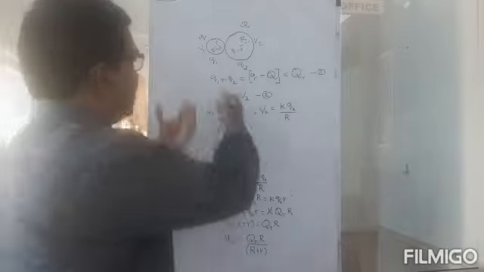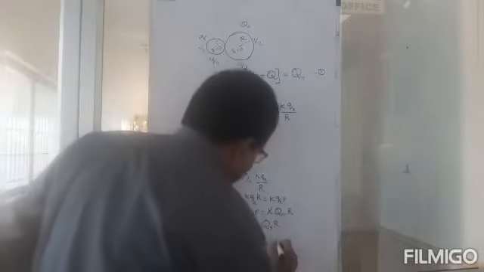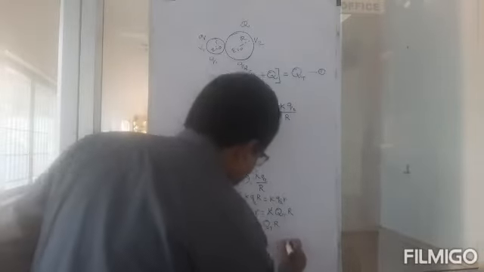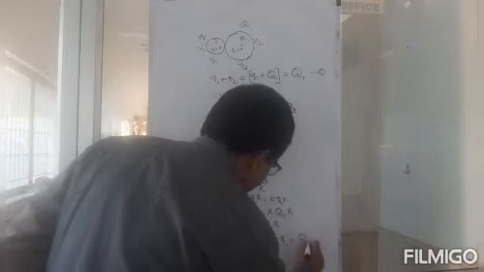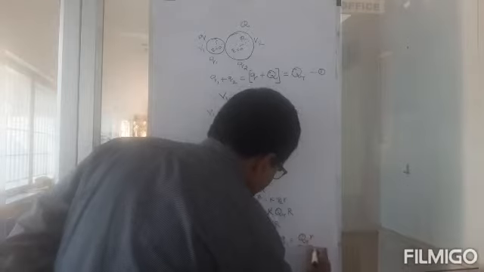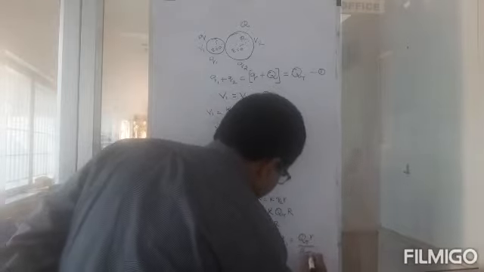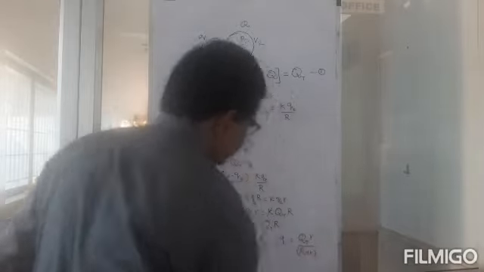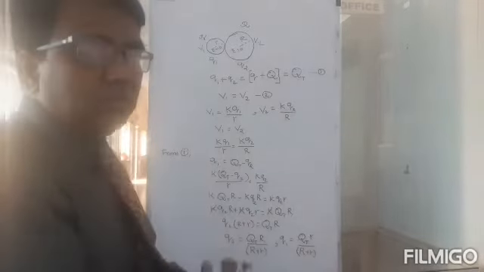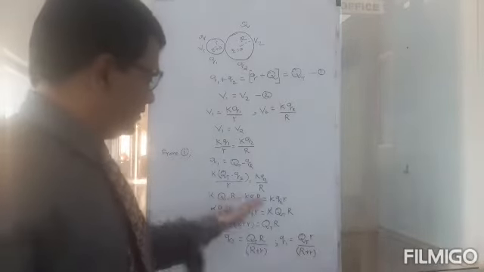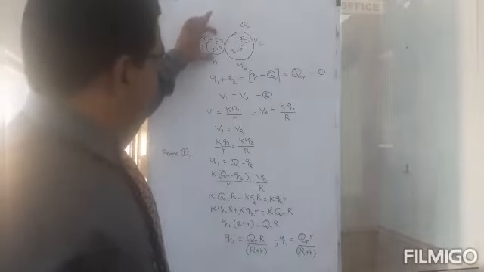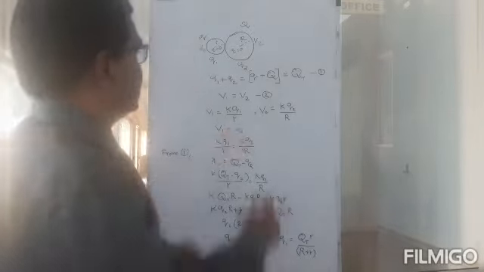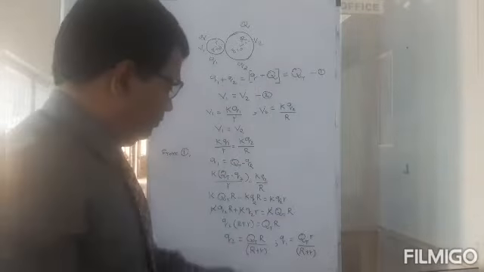If I do the same thing with Q1, then I will get Q1 is equal to Qt r by R plus r. Look at these two, this is Q2 and this is Q1.